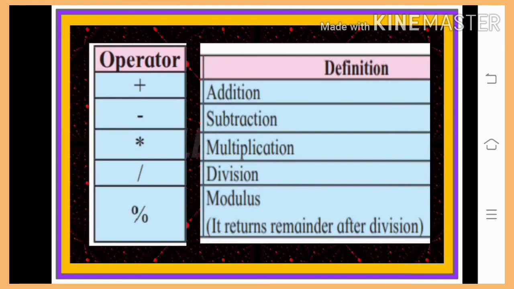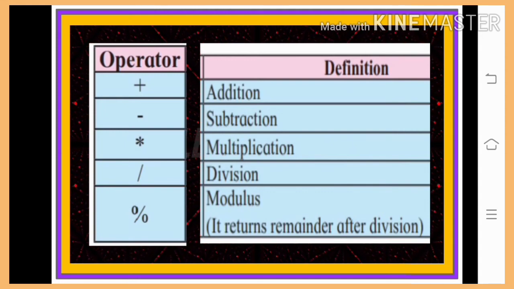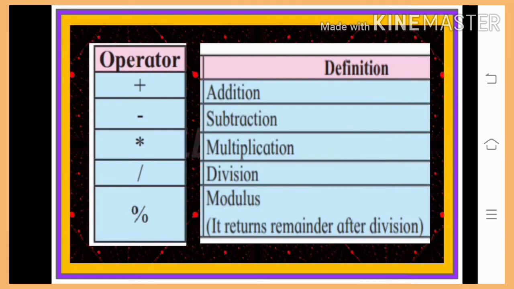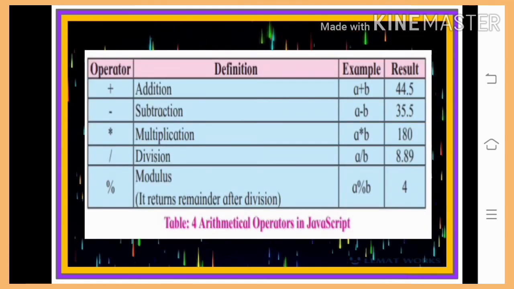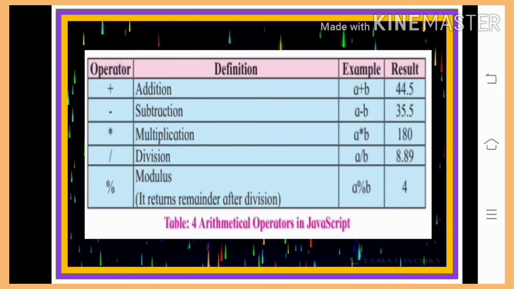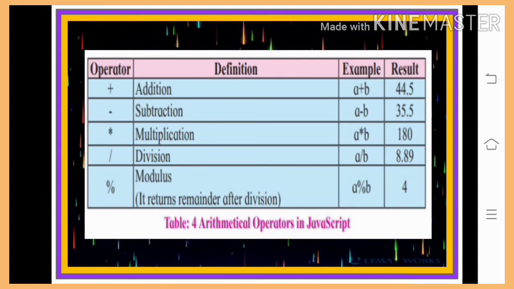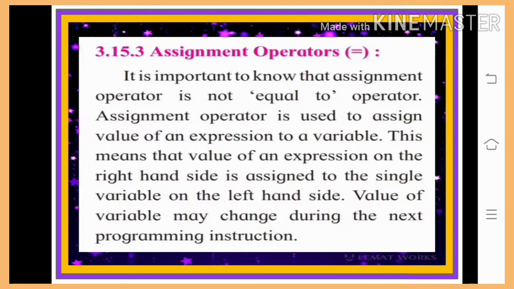Plus means addition, minus means subtraction, star asterisk defines multiplication, division, and the percentage sign defines the modulus operator, which returns the remainder. We will also see the definition of arithmetic operators and examples. Also we will see the assignment operator. Equal to is an assignment operator. It is used to assign the value to the variables.